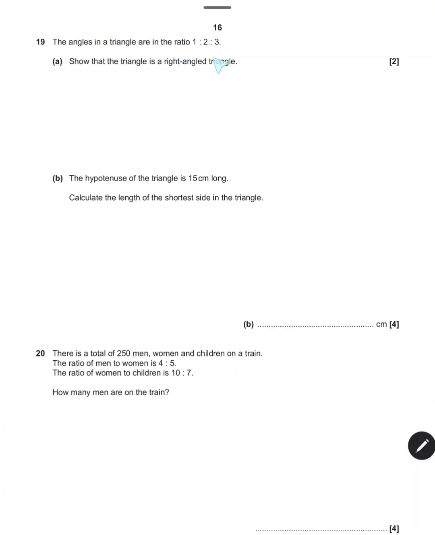Question 19, we've got angles in a triangle in the ratio 1 to 2 to 3. And we're asked to show that the triangles are right angled, meaning we're looking for a 90-degree angle. Well, we know the angles in a triangle add up to 180 degrees. And we can split this total angles into this ratio.